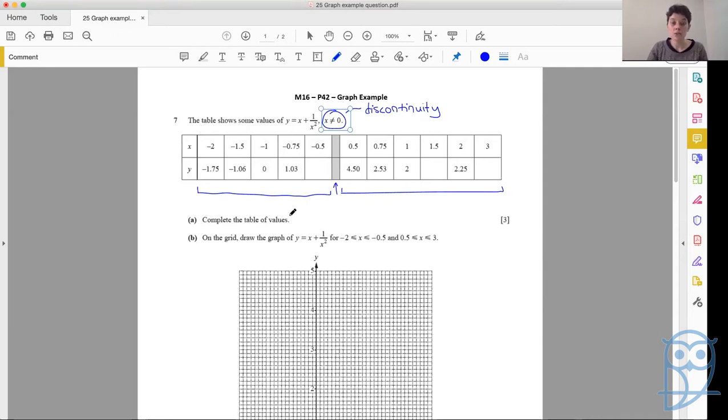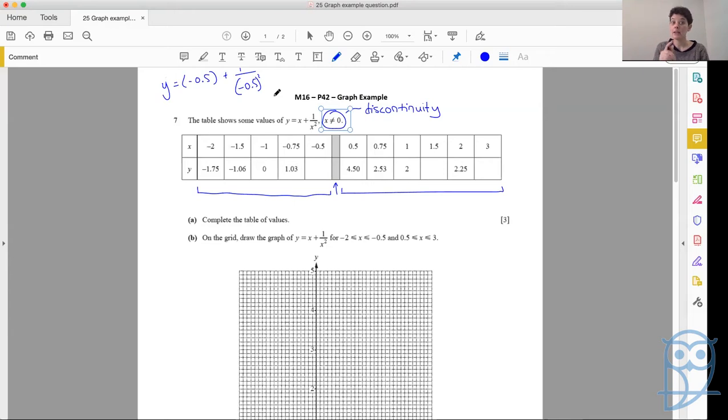The first thing we need to do is get that table of values. How are we going to do that? We're going to take each value and plug it in. So, to get this -0.5, we would need y equals -0.5 plus 1 over -0.5 squared.